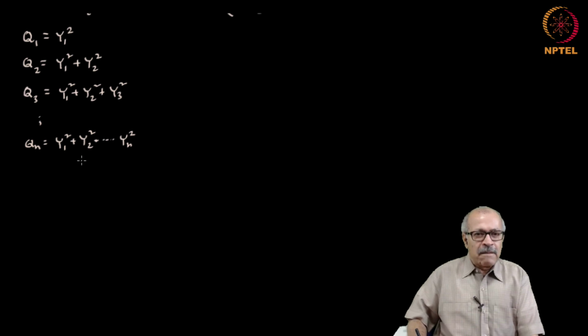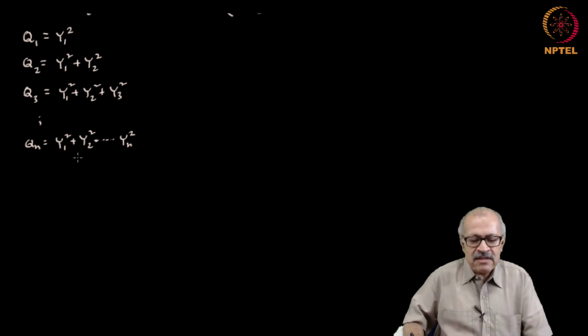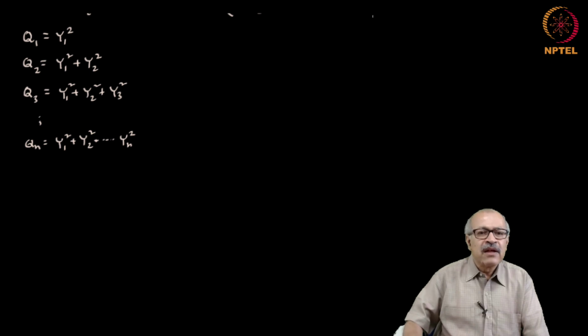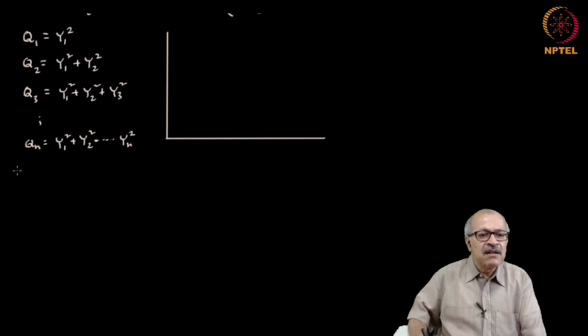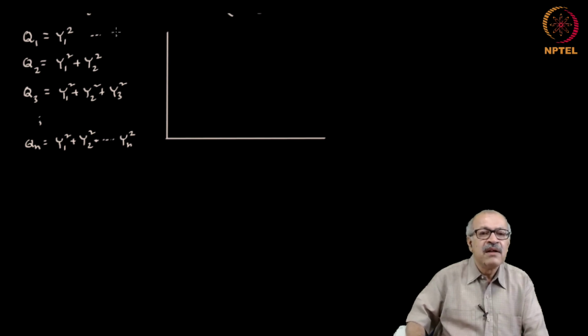Now, how will they look? Let us try to figure that out. We are trying to get the distribution of these values of q1, q2, q3. Earlier we had only obtained the behavior of y1, but now in this case it is, say, k is equal to 1, this is k is equal to 2, and so on and so forth.